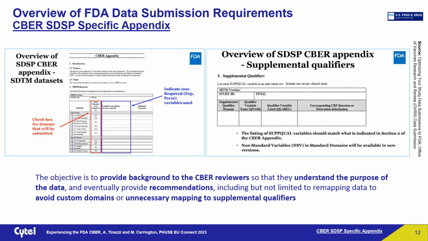When the CBER guidance was first introduced, the Vaccine Office conducted a webinar for which the recording is, by the way, still available on the FDA website. See here the link to this webinar, available in the paper and also at the end of the slide.